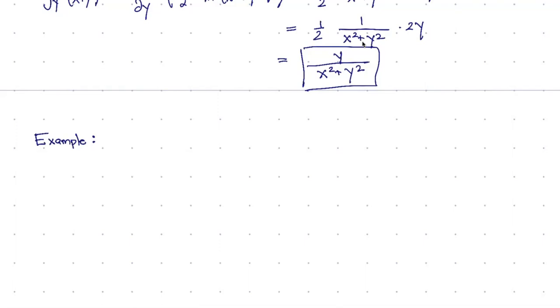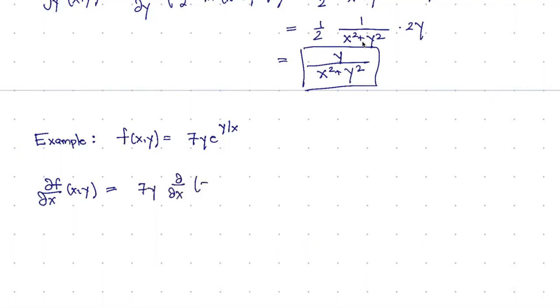So if I were to have, in this case, f of x,y equal to 7y e to the y over x, and I wanted to find the partial derivative of f with respect to x of x,y, we would hold, in this case, y constant because we're varying x. And so we would have 7y times the partial derivative with respect to x of e to the y over x.